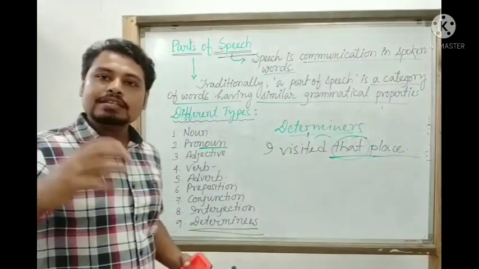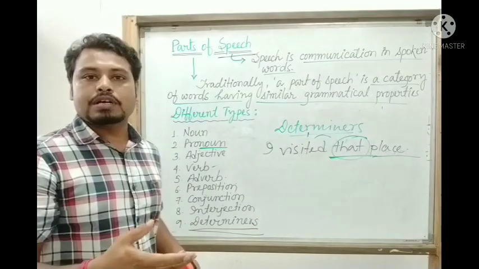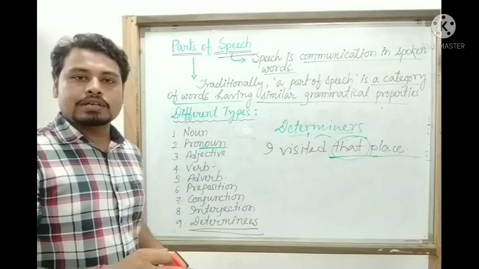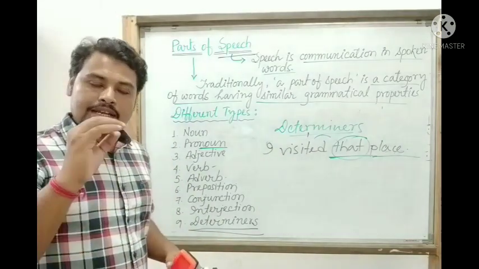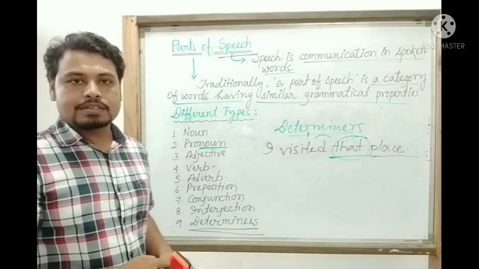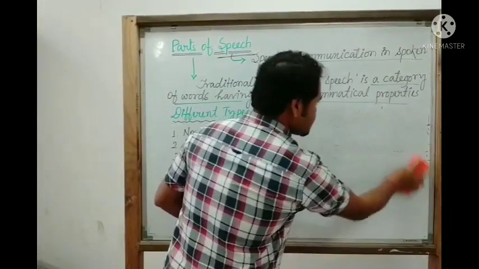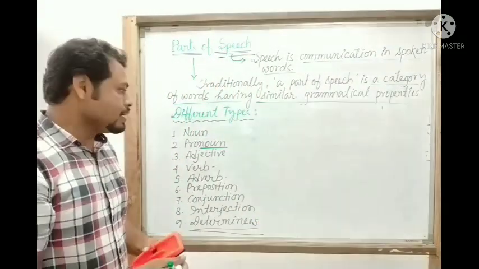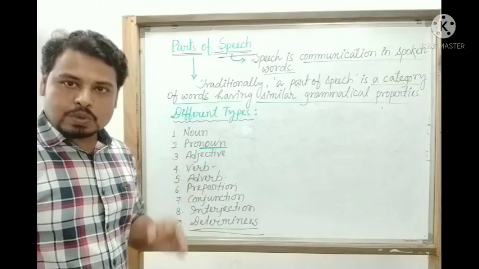So traditionally the idea that we had was that there are a total of 8 types of parts of speech. Actually, if we look very deeply, we have altogether 9 types of parts of speech. And we have seen in today's class all those 9 types, and hopefully you have broken your earlier notion that there are a total of 8 types.